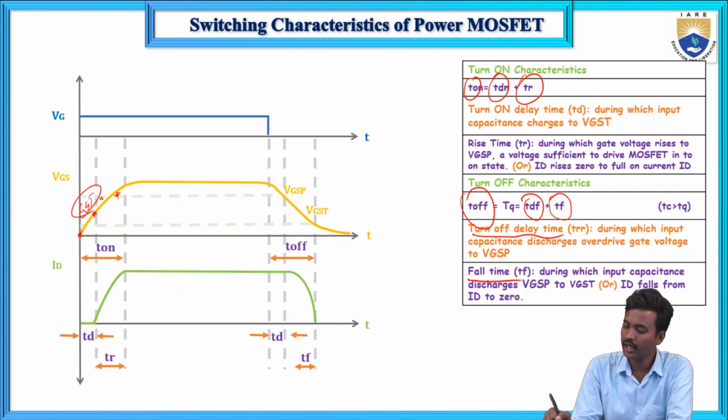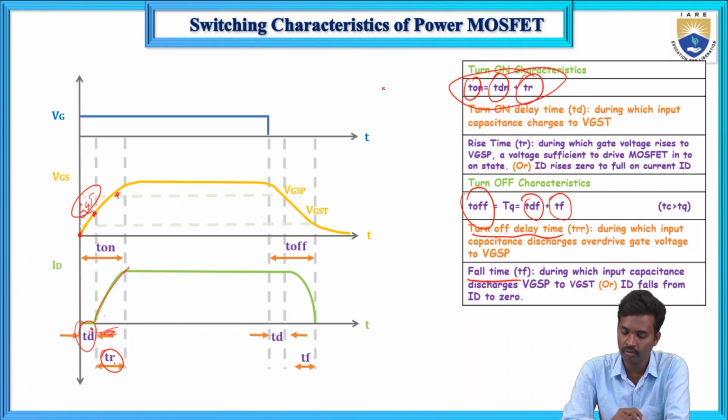And next, the rise time is the time for the gate voltage to rise from VGST to VGSP, the sufficient drive voltage, while the ID current rises from 0 to the full diode current. This is the rise time. TD plus TR is the turn on time.